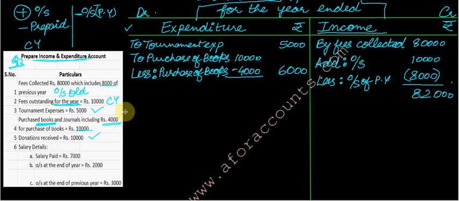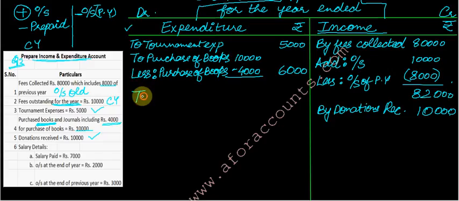Donations received, my income. So by donations received. How much? 10,000. Right here 10,000. Now salary details. Salary paid during the year is 7,000. So just let me write here to salary 7,000.